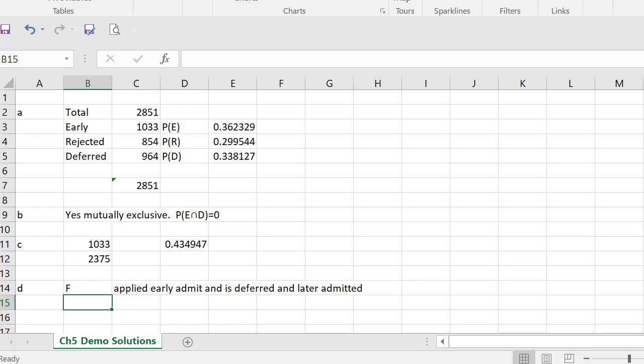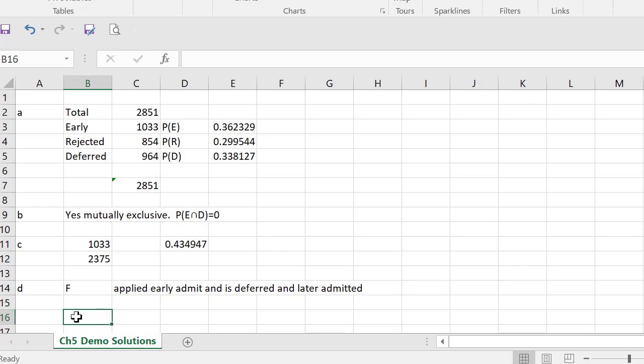So we've got event E, which is early admitted, and event F, which are mutually exclusive, and the addition law applies. That's earlier in the chapter.